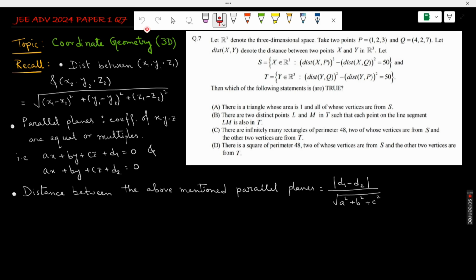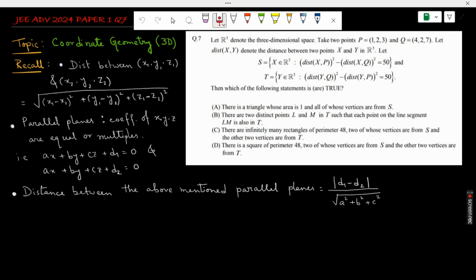And we need to know about the distance between two parallel planes. First of all, we need the equations of the planes, and then the distance between the two parallel planes is the difference of the constant parts, its modulus, because distance is always positive, divided by root over a square plus b square plus c square, where a, b, c are the coefficients of x, y, z.